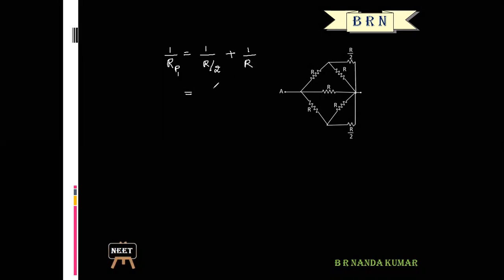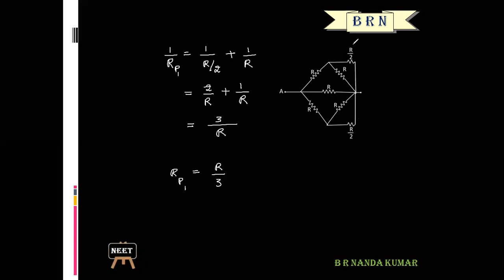1 divided by R by 2 is 2 divided by R, plus 1 divided by R. So what is the LCM? LCM is R. So 2 plus 1 is 3. Finally, we get the value of RP1 as R divided by 3.